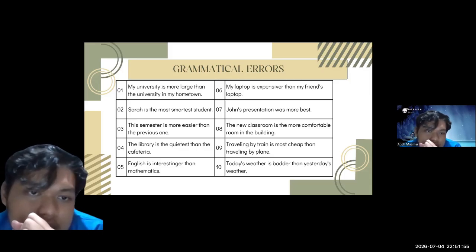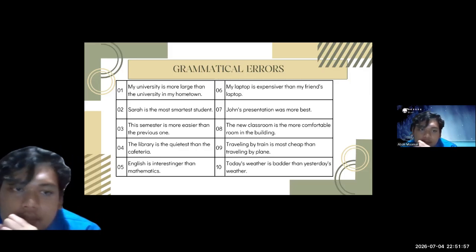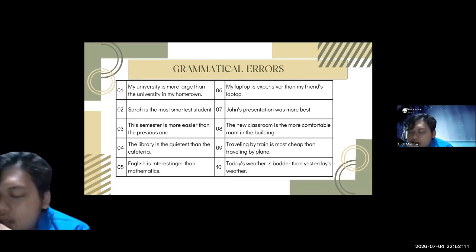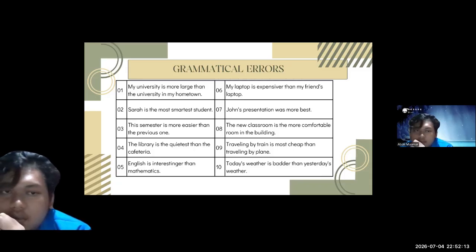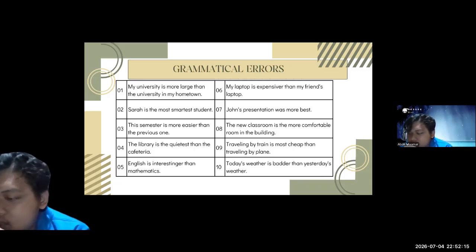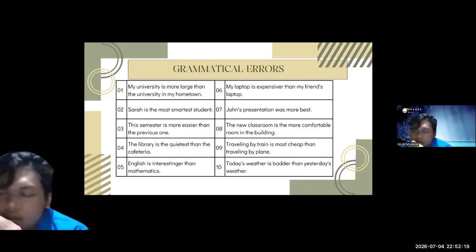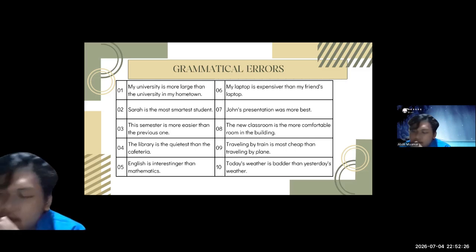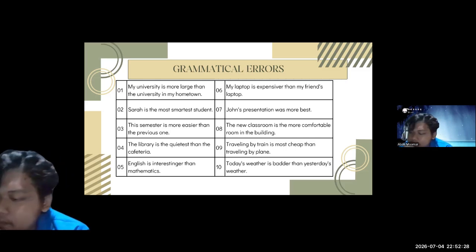Three, this semester is more easier than the previous one. Wrong grammatical form is a double comparison. It is the more easier. The comparative adjective should not be preceded by more. Or the library is the quietest than the cafeteria.